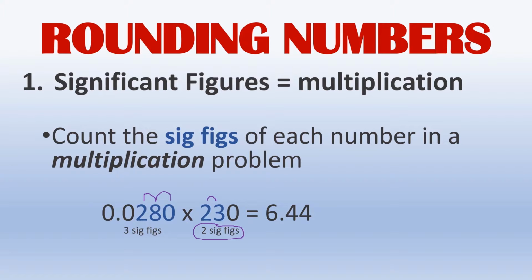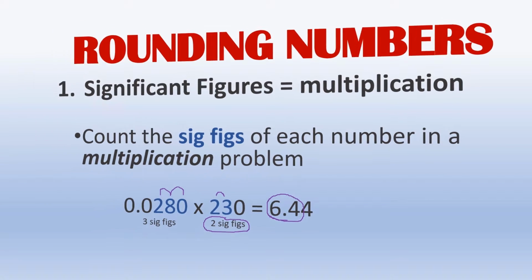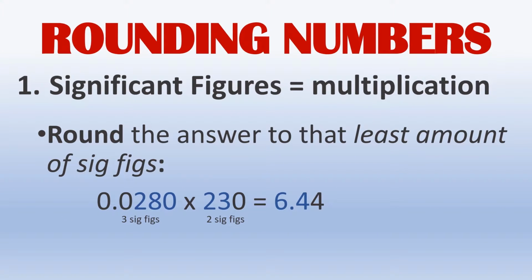So we take the answer, 6.44, and round it to 2 significant figures, which would be 6.4. To round it, you take the 6.4, those 2 digits, and draw a line.